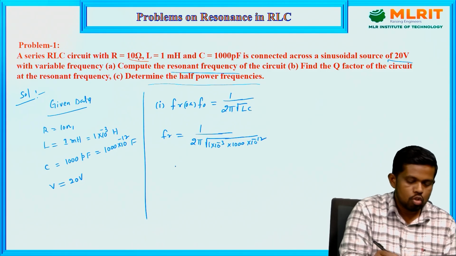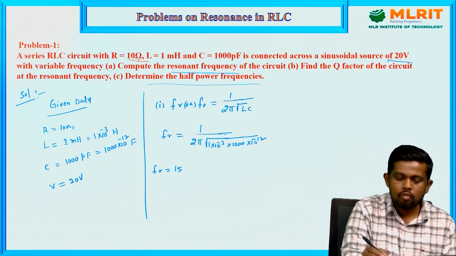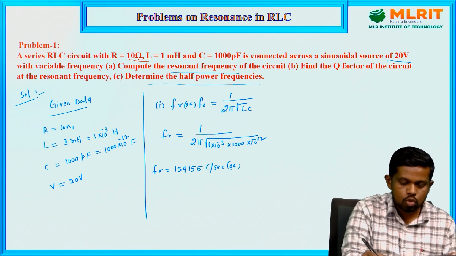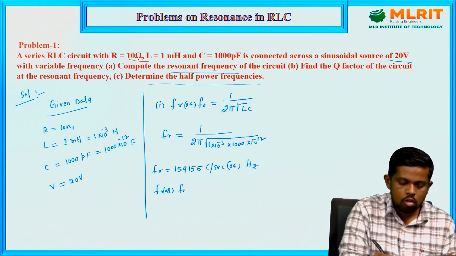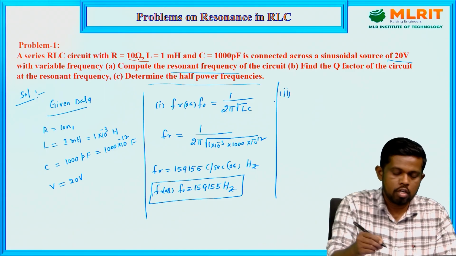Based on this, FR should be equal to 1.5, I have already calculated this value, that is 159,155 cycles per second. 1 cycle per second is also called 1 hertz. So FR or F0 is equal to 159,155 hertz.